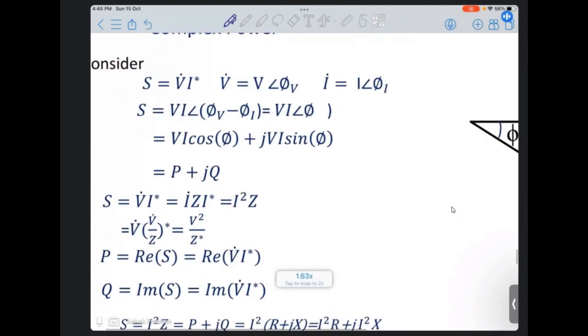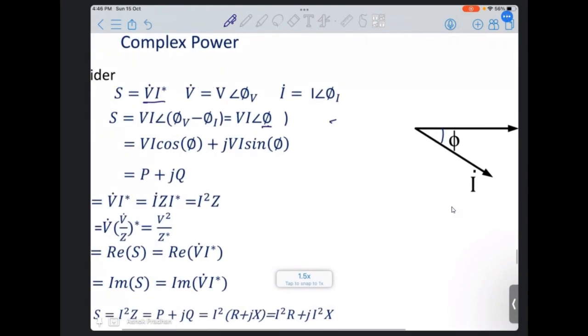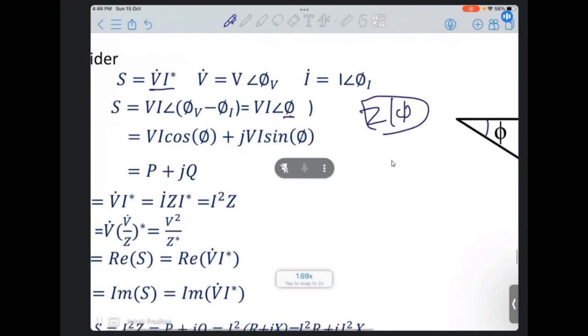This comes out to be VI conjugate. So V equals V angle this. So S becomes VI conjugate, that becomes equal to the angle phi. And again, this phi is nothing but, as I said, comes out from this Z angle phi, because I lags voltage by the angle phi, that depends upon the RX combination and so on. So we talk about this: it is just VI cos phi, VI sin phi, and this becomes P plus jQ.